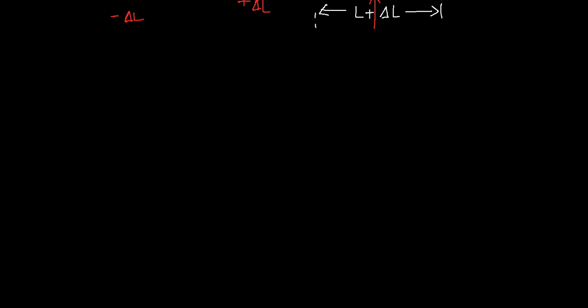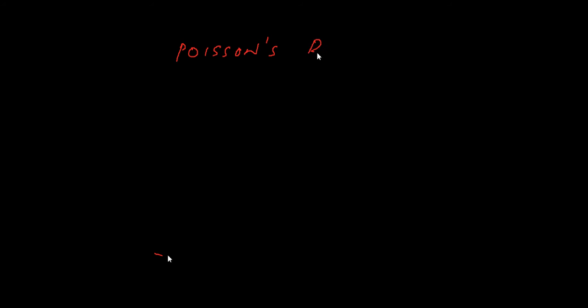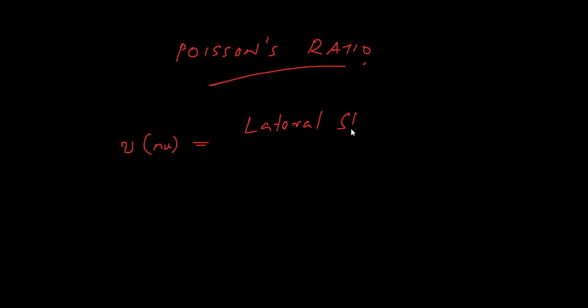Again, Poisson's ratio uses the same concepts as strain. It is usually denoted by nu, and it is equal to lateral strain over axial strain.